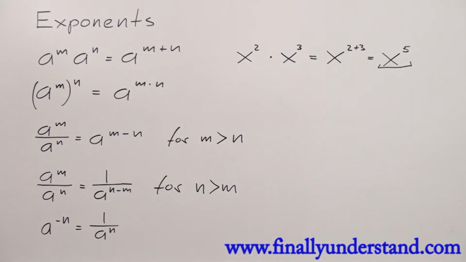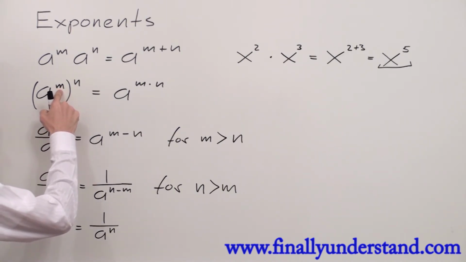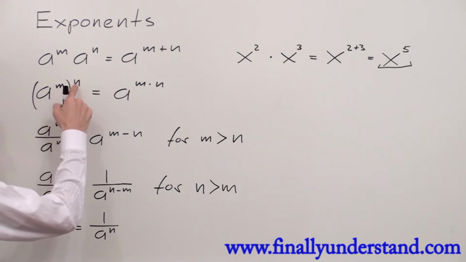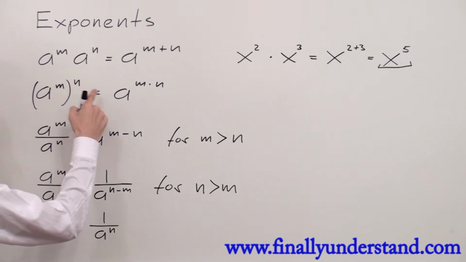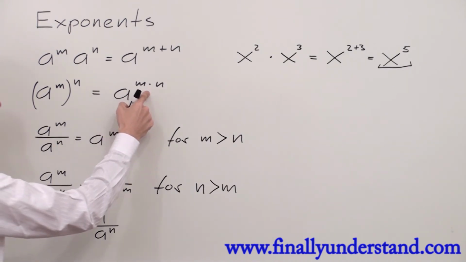Next formula is for power of the power. Anytime we have exponent inside of the parentheses and exponent outside of the parentheses, we're supposed to keep the base and multiply exponents.